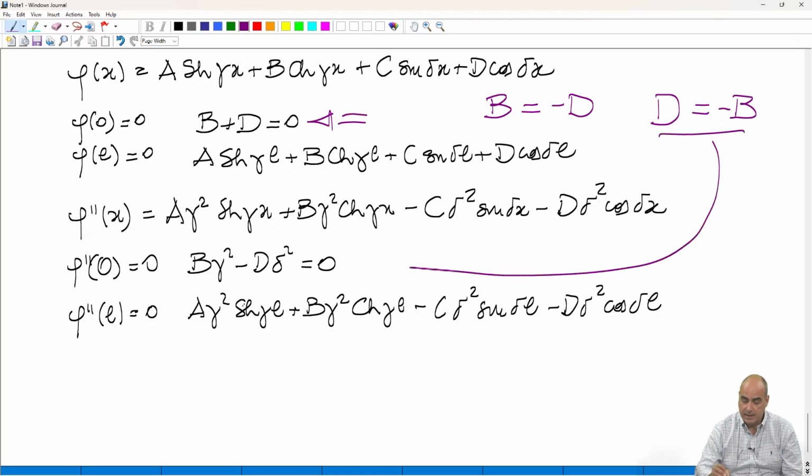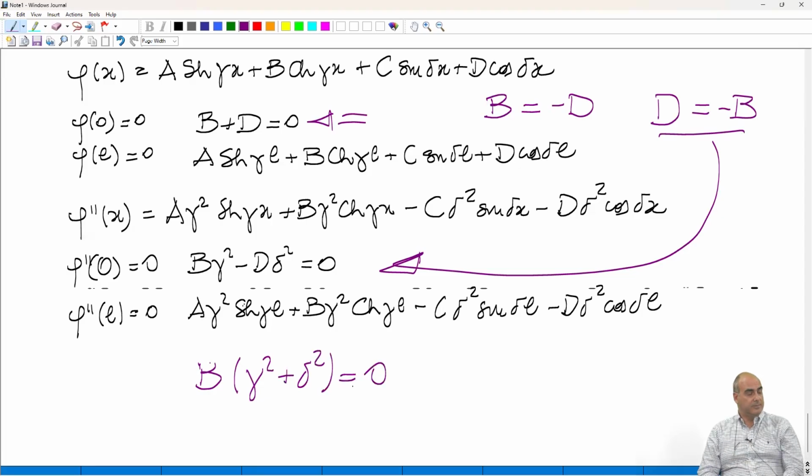I pick up this and I bring this here. And what I find is b times gamma square plus delta square equal to 0. Now, b is a number. I don't know what number that is, but it has to be a number.